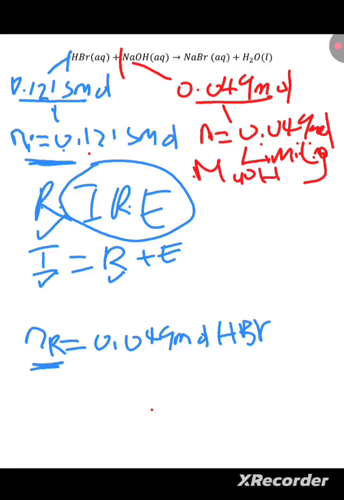This R and this R are the same. It's just for procedure. So we're saying the initial number of moles is equal to the number of moles that reacted plus the number of moles that are in excess.